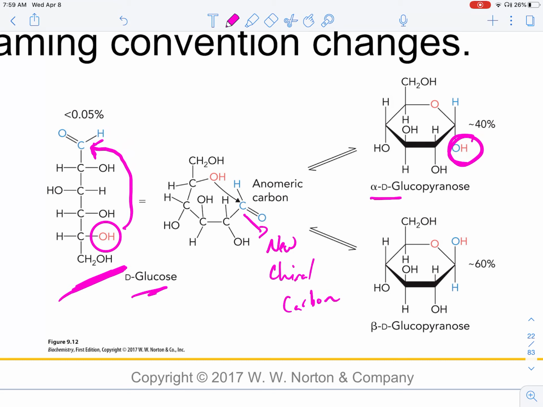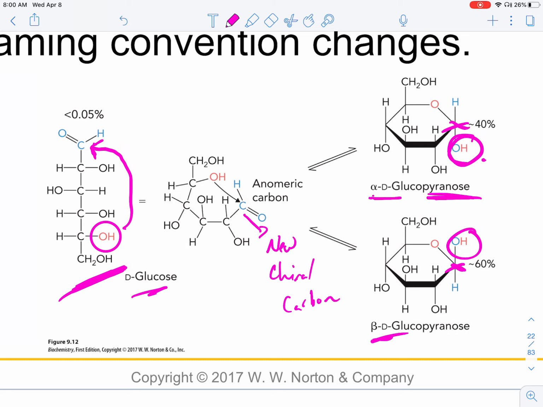It is in that ring structure, so it's pyranose. If the hydroxyl is in the down position, it is alpha, and if it's in the up position, it is beta. Right? And so you've now formed a new carbon. This is the anomeric carbon, and this is actually the place where chemistry can occur on these glucose molecules.